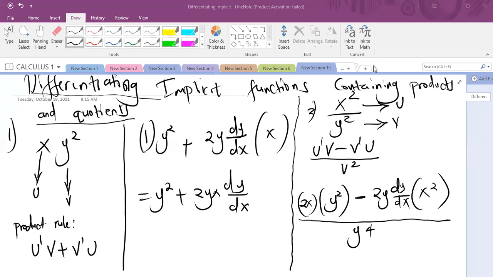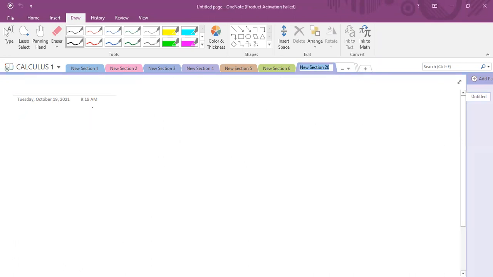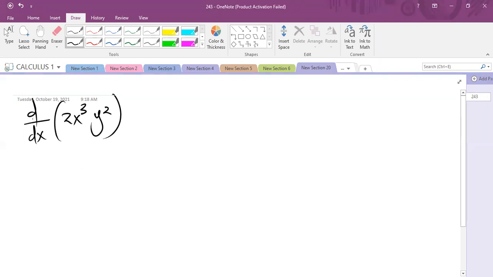Let's take up 2 last examples on differentiating implicit functions containing products and quotients. So let's say you're told to find d/dx of 2x^3 y^2. d/dx basically means differentiate or find the derivative with respect to x.